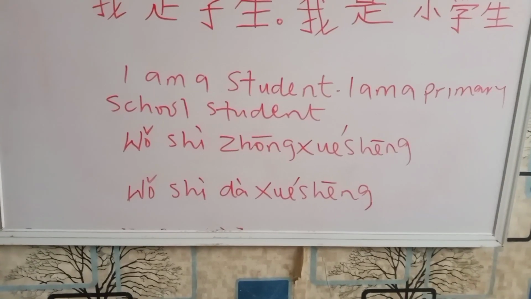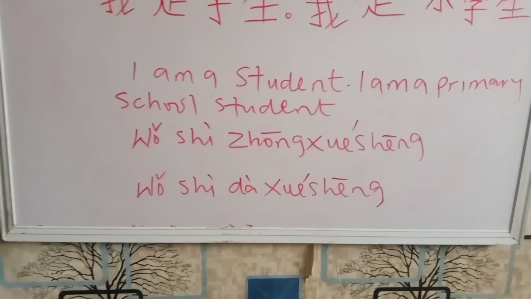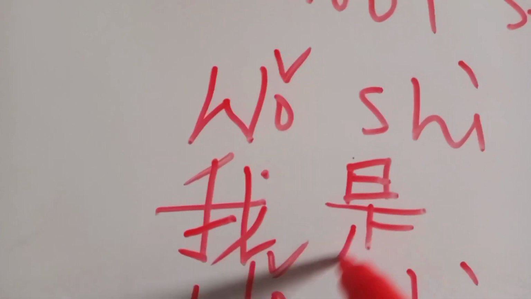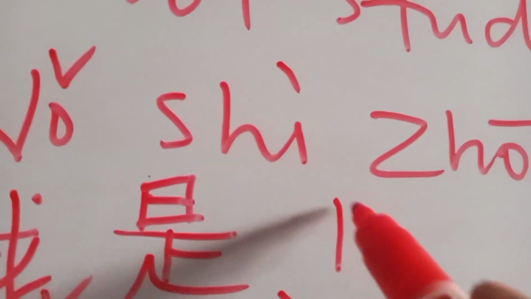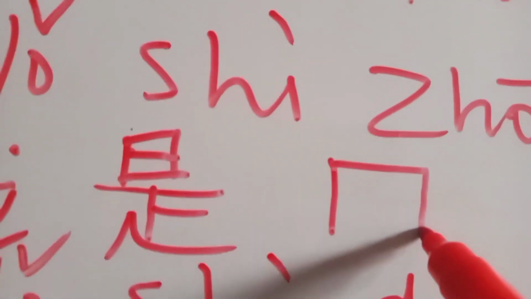So now the characters for 我是中学生. Do you remember how I said you write 中, that means middle.